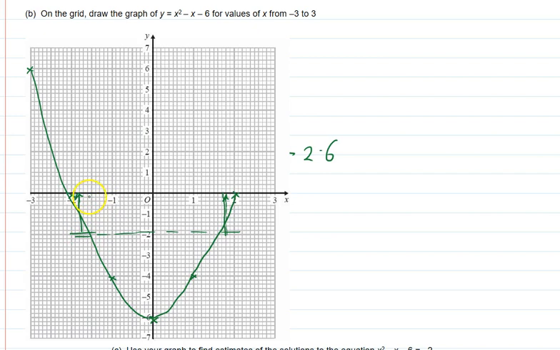And this will be -1.6. Yeah. So -1.6 and 2.6. So let's go for another question.